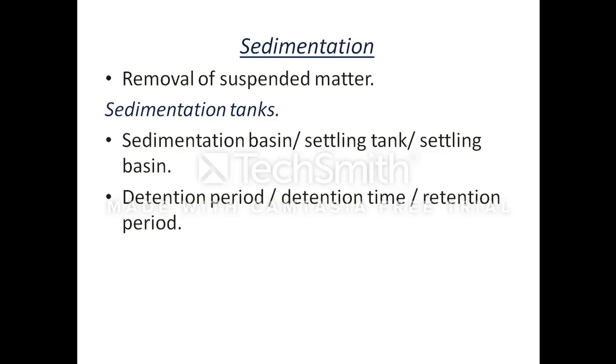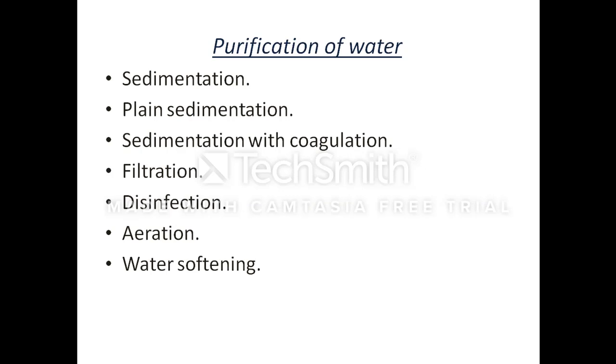It's used if water has large turbidity. After sedimentation, the next is filtration. As you know, filtration is the process by which small particles are removed, or we can say the particles that are not removed by sedimentation can be removed by filtration.